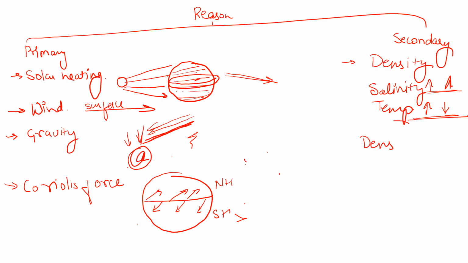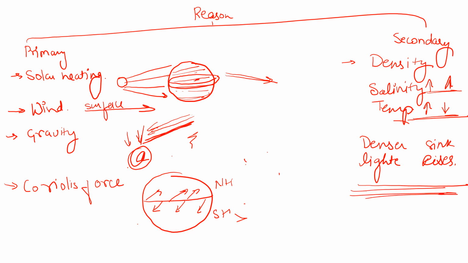Denser sinks, lighter rises. This is the reason why it leads to a vertical movement of water. So in the denser water present in an ocean, if the salinity is high at the top of the ocean, the water is denser here, so it will fall down.